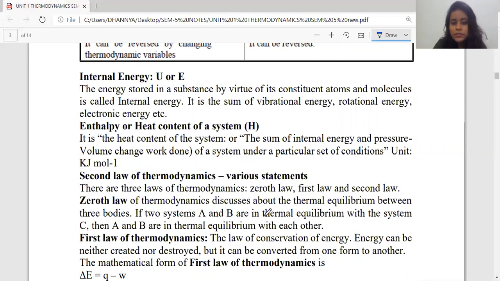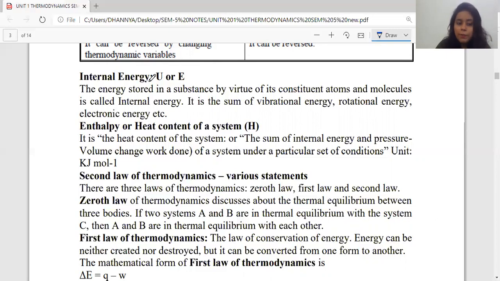Now what is internal energy made of? It is the combined energy of vibration, rotation, and electronic energy. The combination of this kind of energy is called internal energy, which is always indicated by U or E.